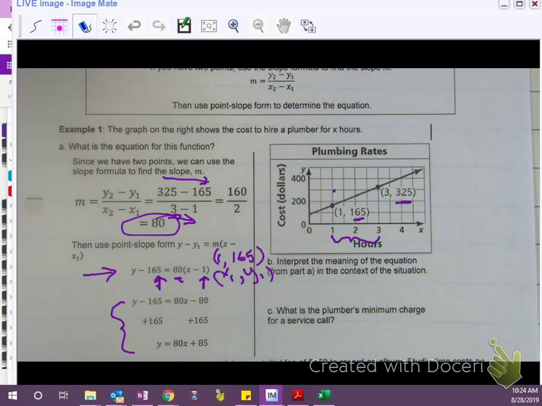So we're going to multiply the 80 times the x and the 80 times the minus 1, and we get 80x minus 80. Then we have to add the 165 to both sides here. So we have a minus 80 plus 165, and that gives us an 85 for our slope-intercept. So this is our slope-intercept form of the equation that matches this data.